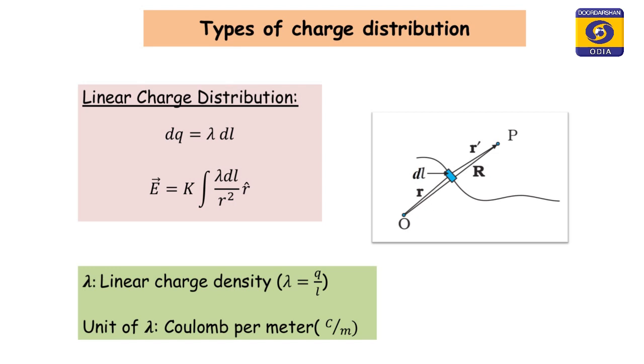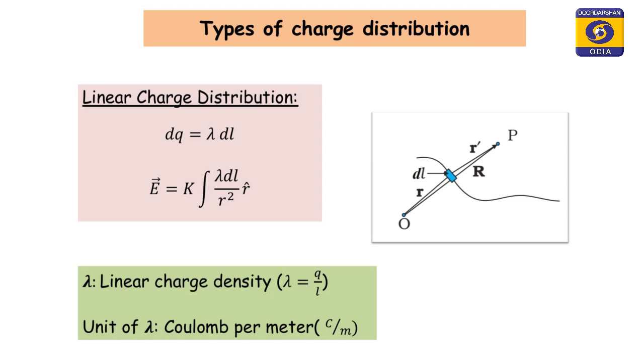So, the total electric field E is equal to K integration of lambda dl upon r square r cap, because we are calculating total electric field, so we take integration.